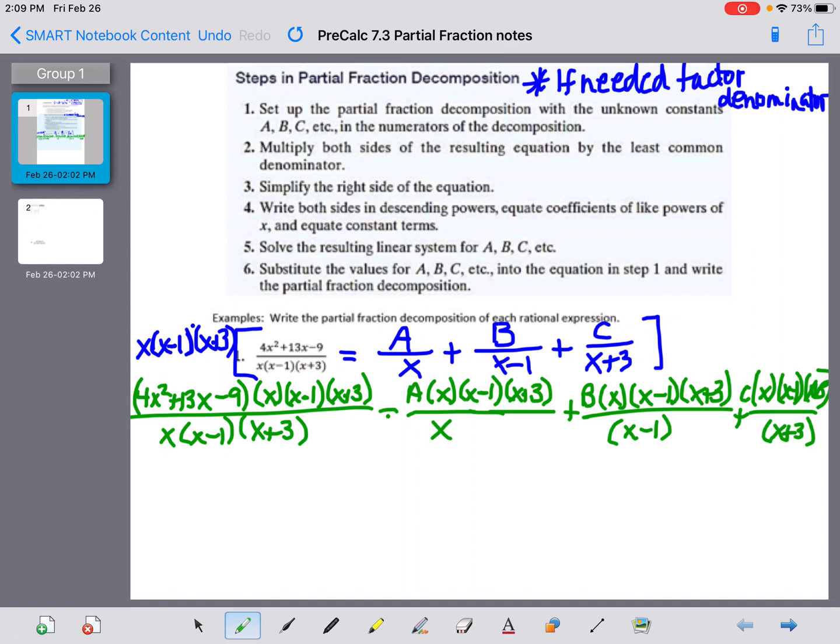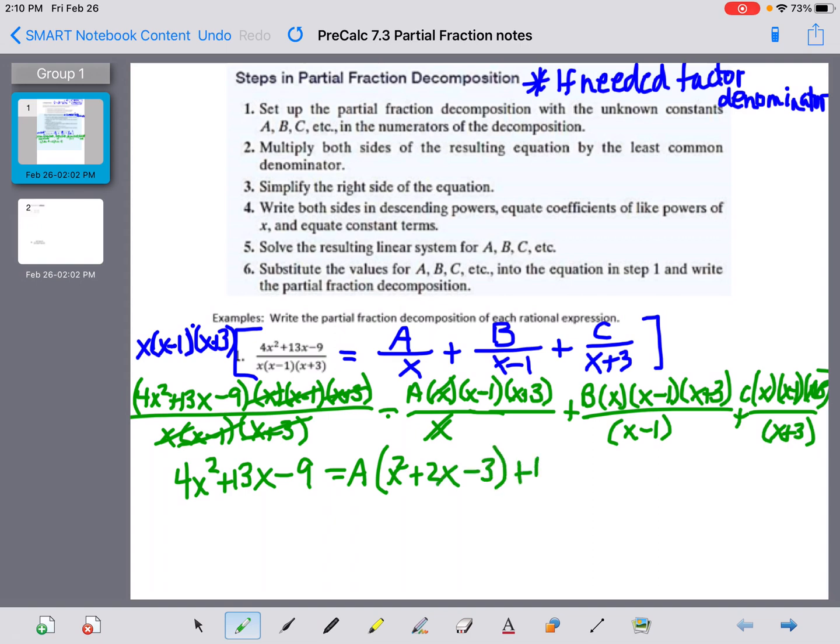I'm multiplying everything there. Now what's nice is this x cancels with that, x minus 1 cancels with this, and I'm left with 4x squared plus 13x minus 9. I have no more denominator on the left side. On the right side, for the a term here, my x's cancel, and I'm going to be left with a times, by the way, I'm going to FOIL that out right there, x squared, that gives me a plus 3x and minus 1x, plus 2x minus 3, because I have those last two left.